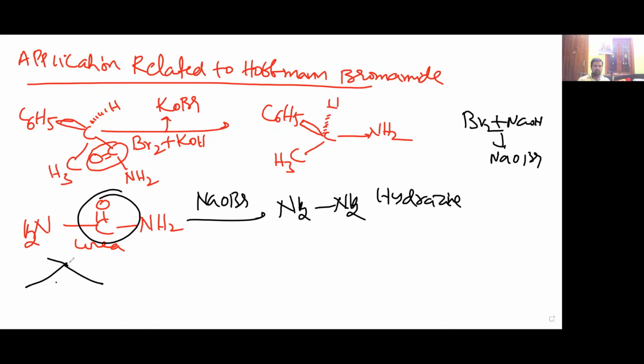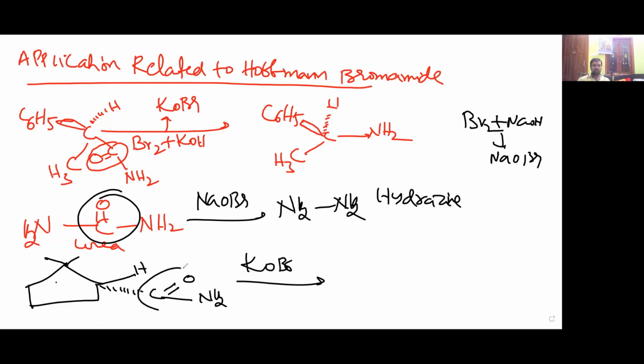Applications, all these are. Yes, whatever thing is there, you don't mind. KOBr is there. Then what is missing? C double bond O is missed. There is no change of configuration.